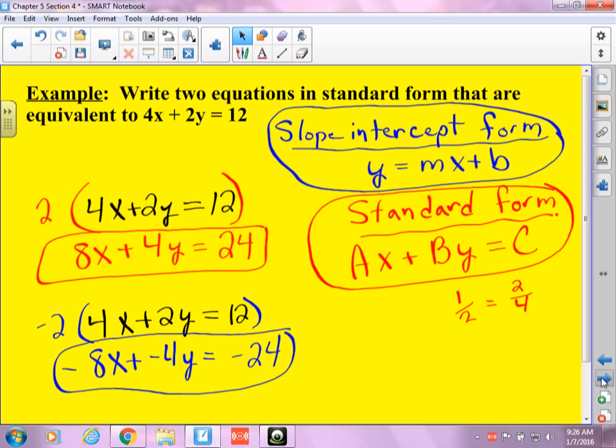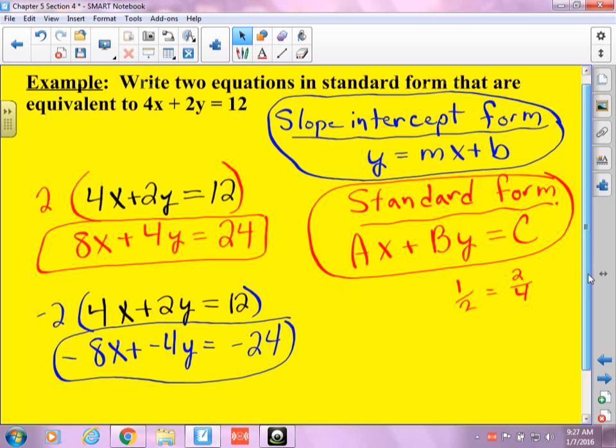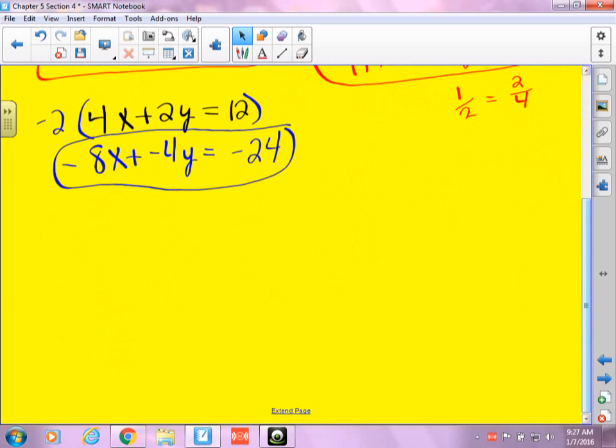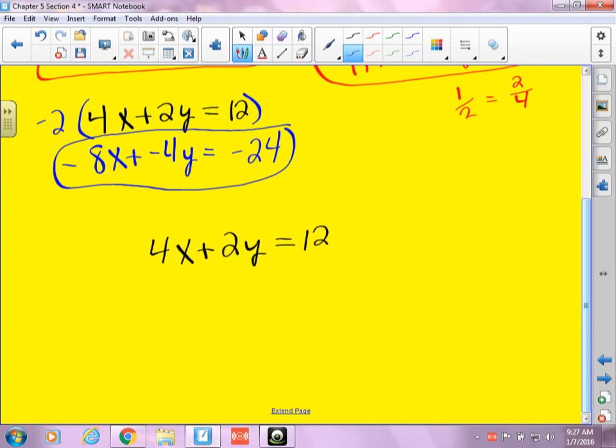Yeah? I was wondering, could you divide? You could. If I divide it by a number, it's the same thing as multiplying it by 1/2. So let's say I take the original problem, and I want to cut it in half.